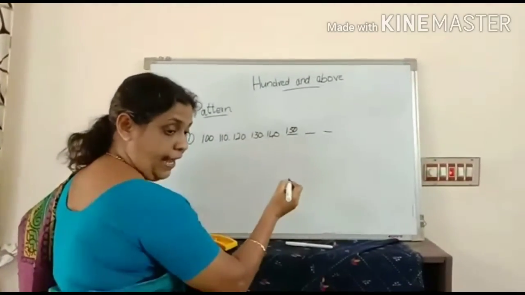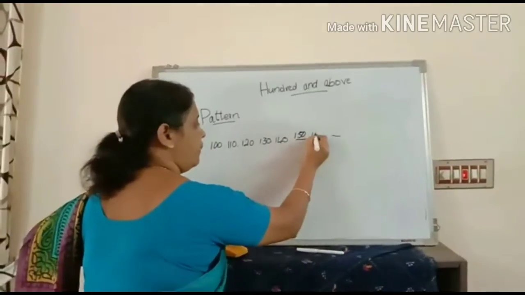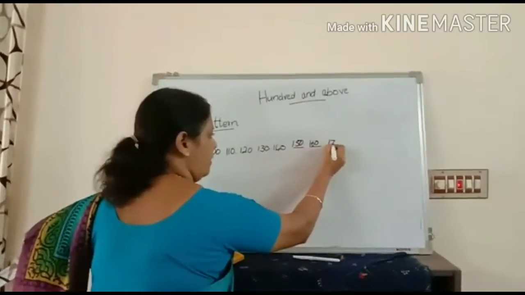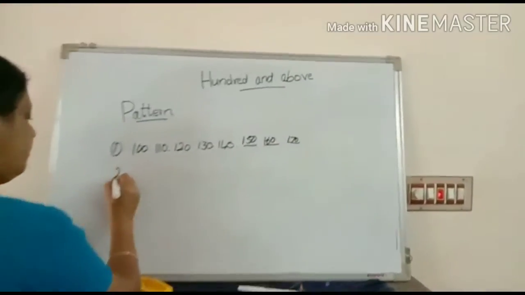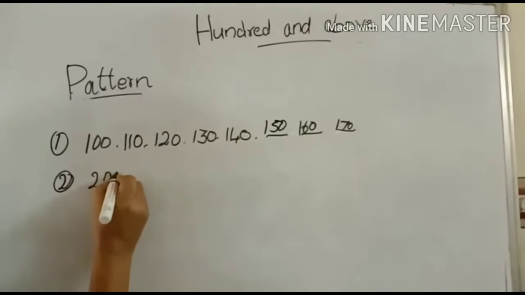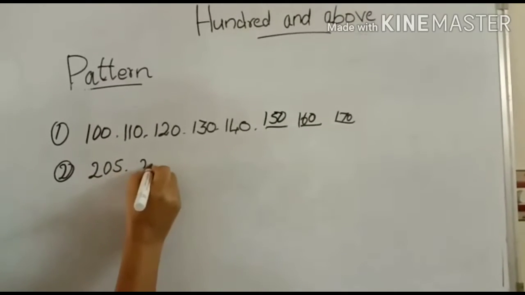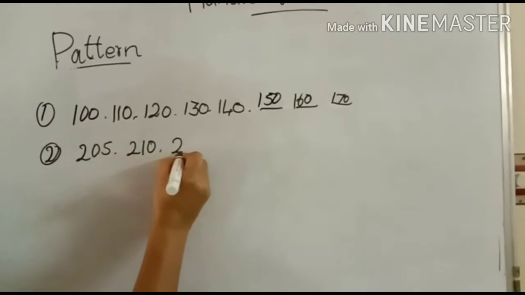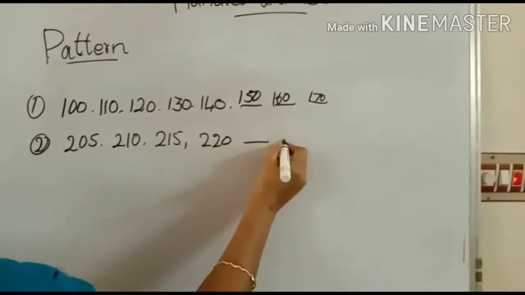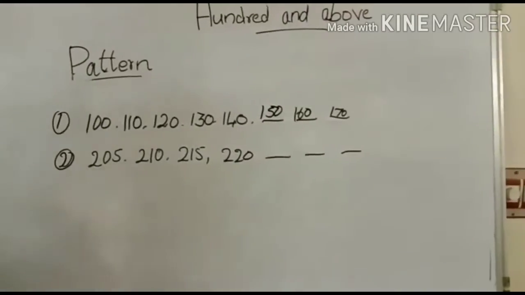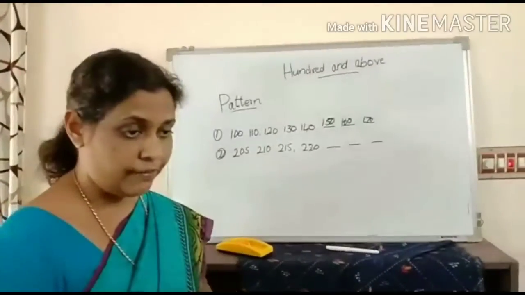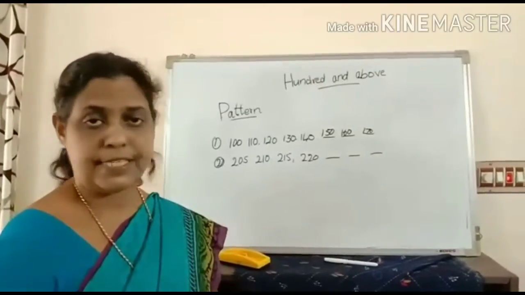Then 160, next one 170. Then see the next one: 205, 210, 215, 220, dash, dash, dash. What will be the answer? What is the difference between 210 and 205? Yes, 5, isn't it?